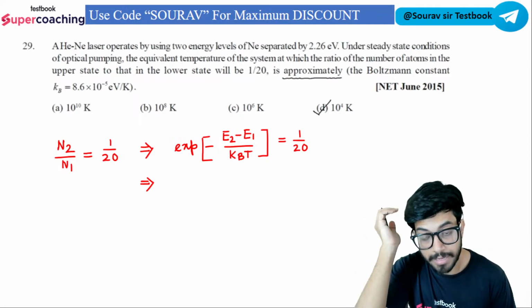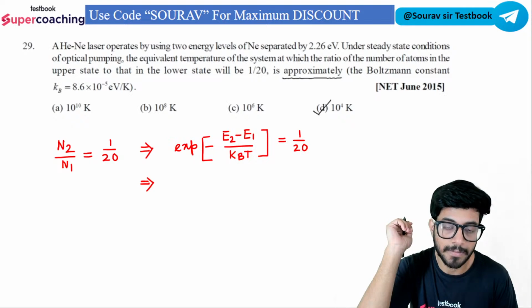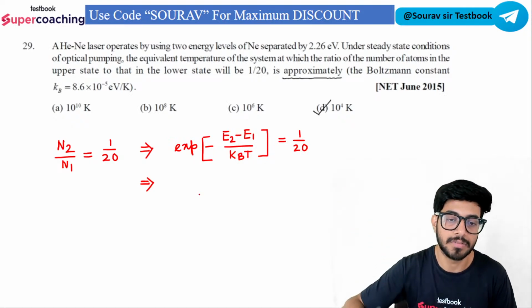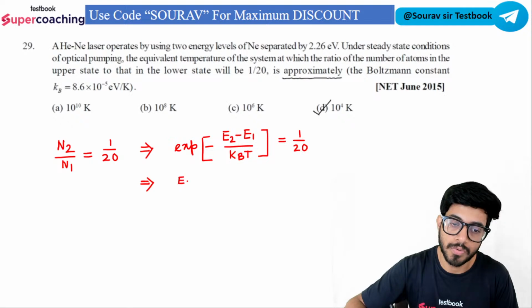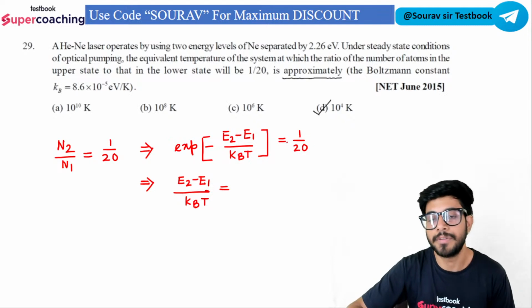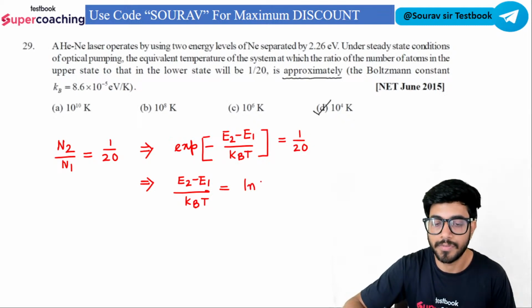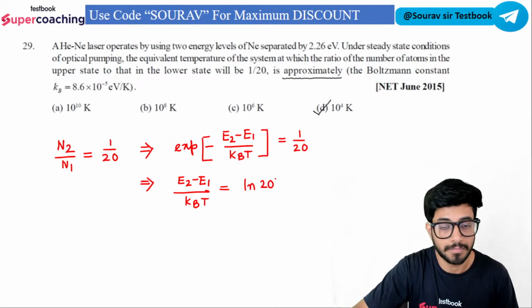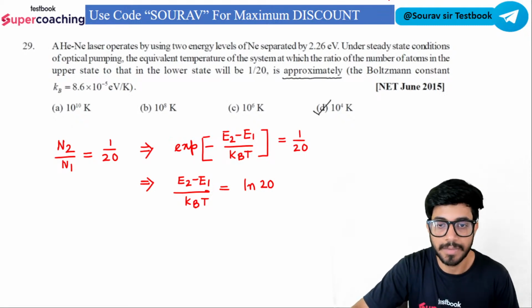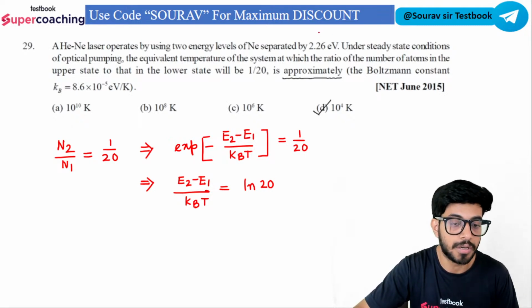I need to find out the temperature. So what I can do basically, I can take ln on both sides, and the minus will get cancelled out. So E2 minus E1 by kBT equals ln of 20, since ln of 1 by 20 is negative ln 20. Now the energy levels are separated by 2.26 electron volt.